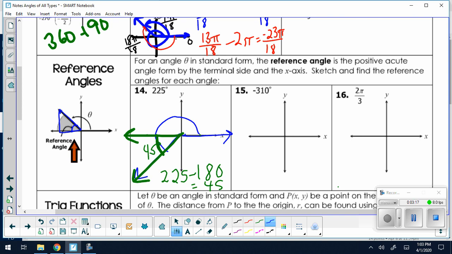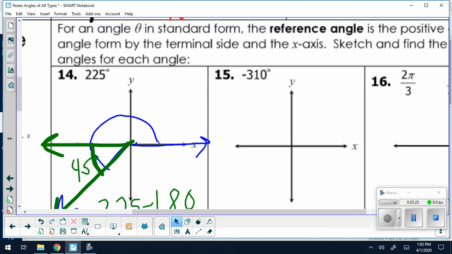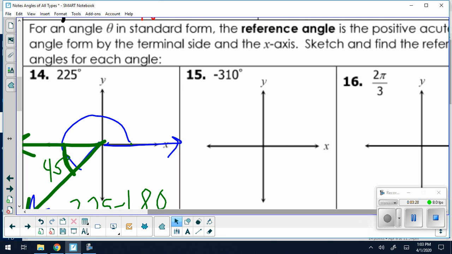All right, so first I'm going to give myself a little bit more room here. There we go. So negative 310. I'm going to start on the positive x-axis. I'm going to go clockwise because it's negative.